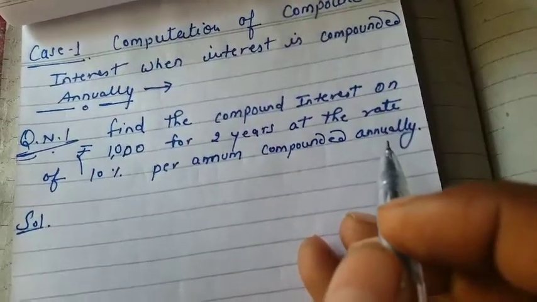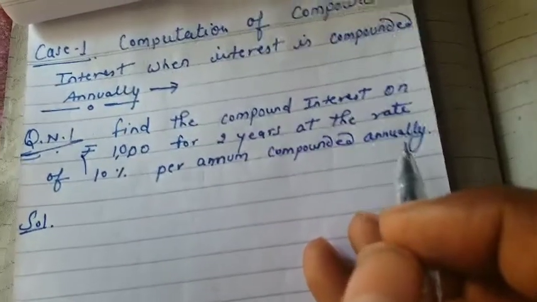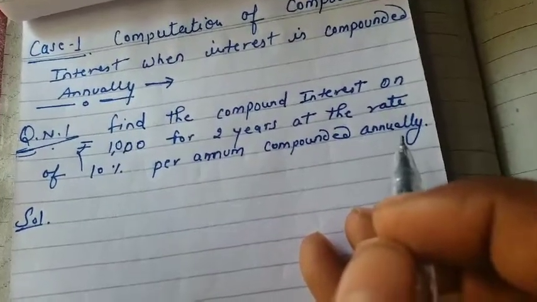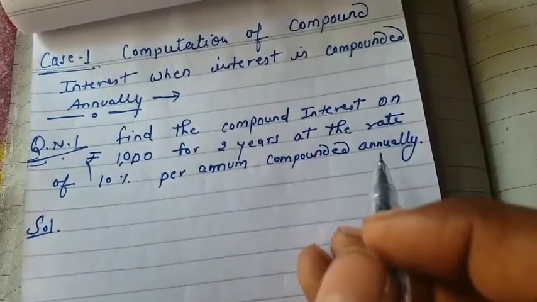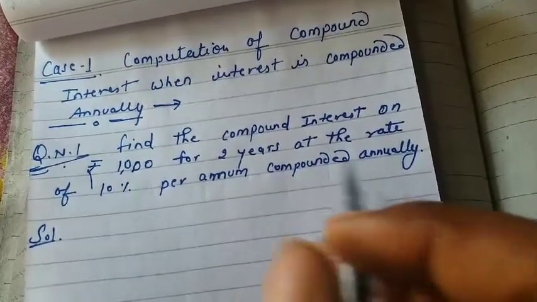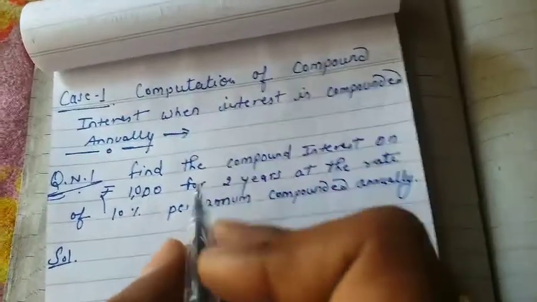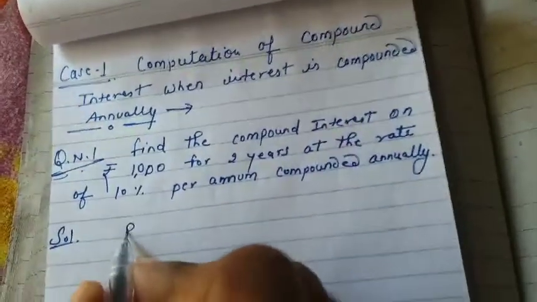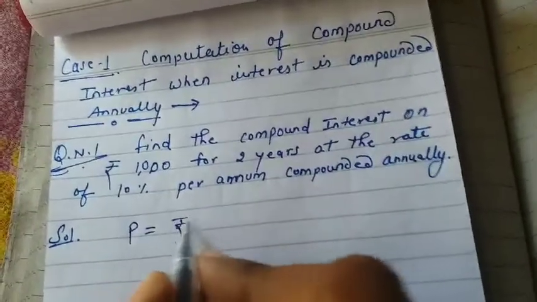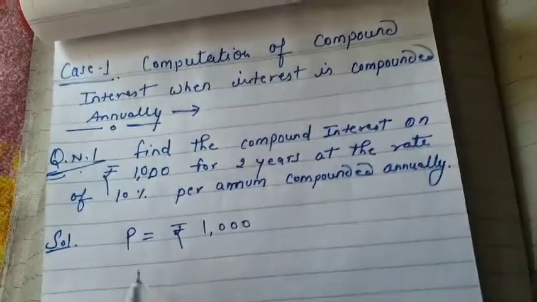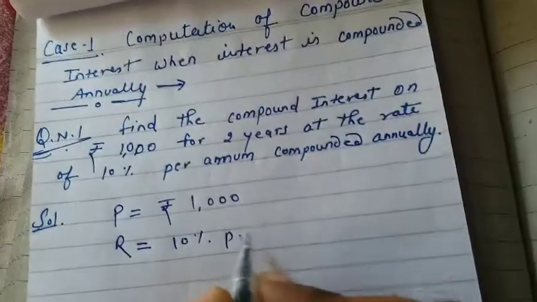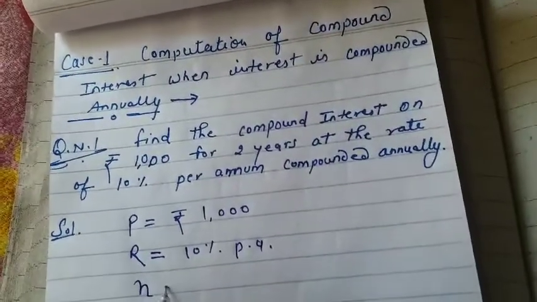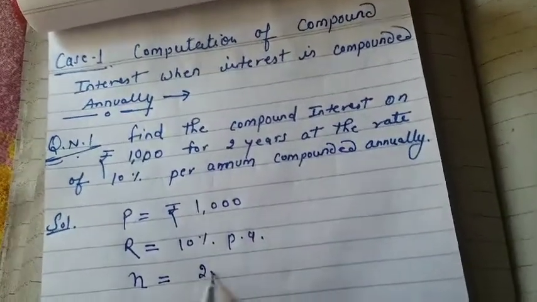Before solving the question, read it carefully once or twice and note down the things which have been given. Here the principal P equals rupees 1000, the rate of interest is 10% per annum, and the time period N equals 2 years.